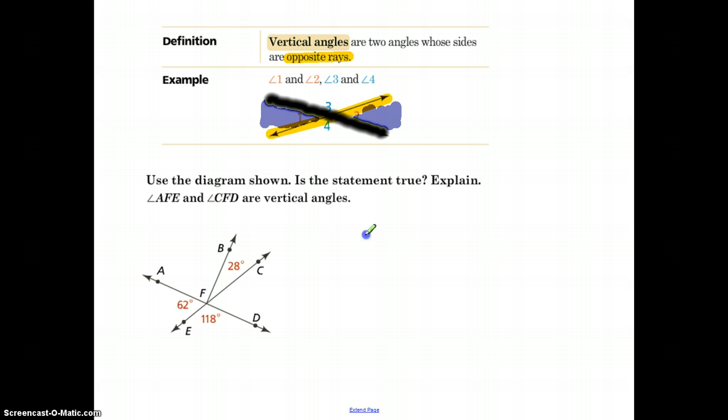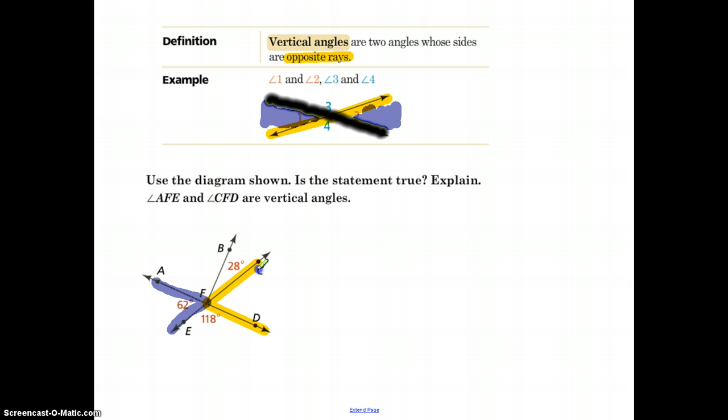Alright, let's see if this statement is true. Angle AFE and angle CFD are vertical angles. So let's trace those angles. AFE is here. Alright, and then let's look for angle CFD here. So CFD is there. So the question is, are they vertical? So you want to look and see, do they make an X? Do they have perfect opposite rays?